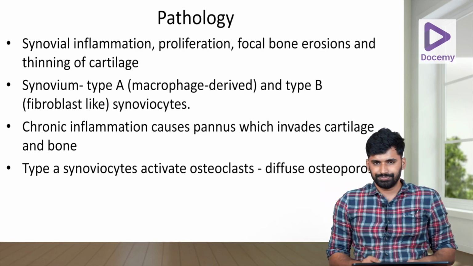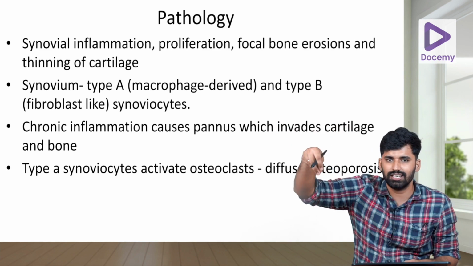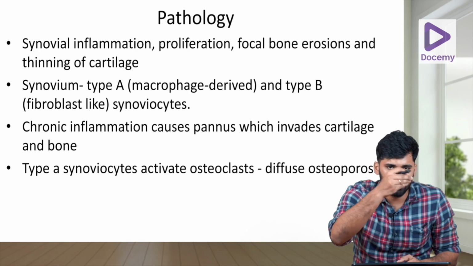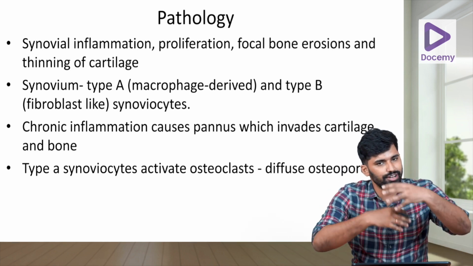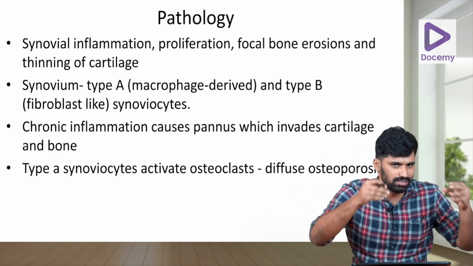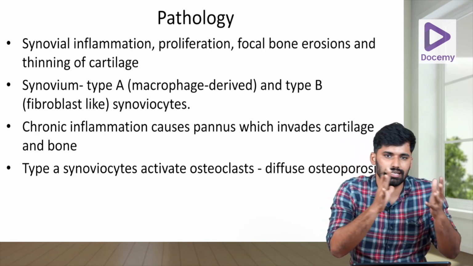So what happens? The inflammation outside the joint causing excess TNF-alpha and autoreactive antibodies will damage the lining of the type A and type B synoviocytes. Type B synoviocytes will proliferate and cause a pannus, which also contains T cells and B cells. They will invade the cartilage and the bone and damage them.